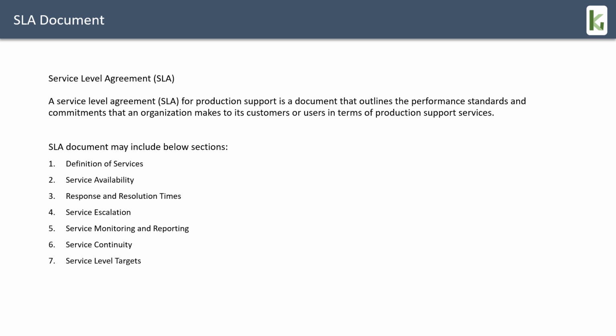Now we are reducing it to, let's say, from 45 minutes to 1.5 hours. So is it an achievable target? Before you define those service level targets, you need to make sure that those are achievable, because in the end, if you are not able to meet those targets, that may lead to some penalties, right? So service level targets is also a very important part of SLA document.